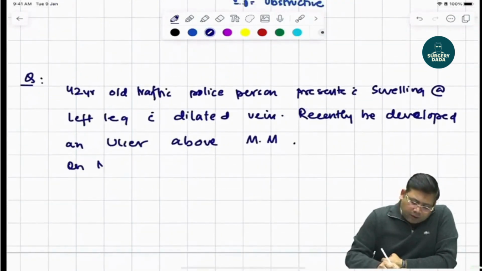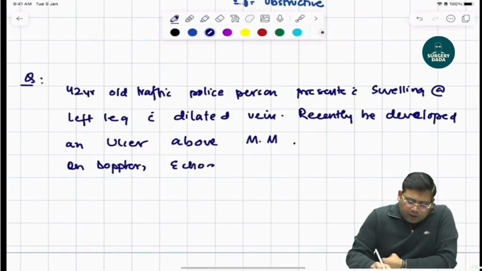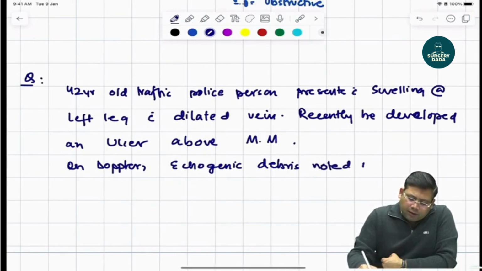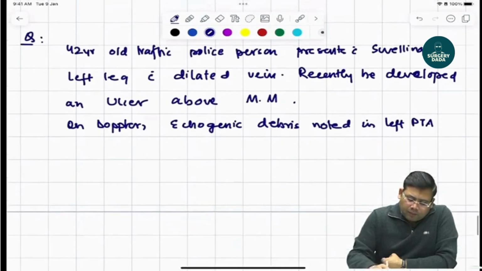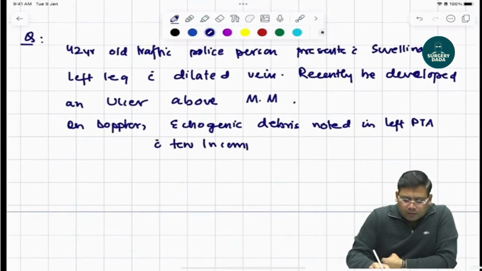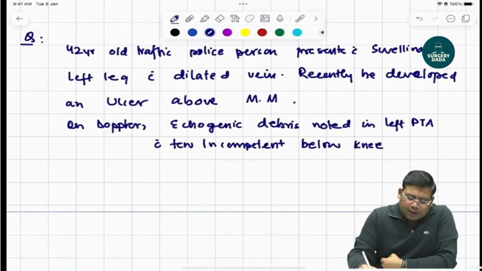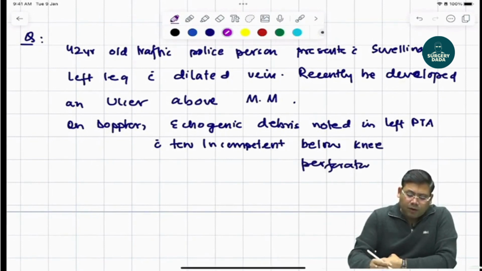On Doppler, echogenic debris noted in left posterior tibial artery with few incompetent below knee perforators. Now let us try to understand what is the CEAP for this. So this is very important.